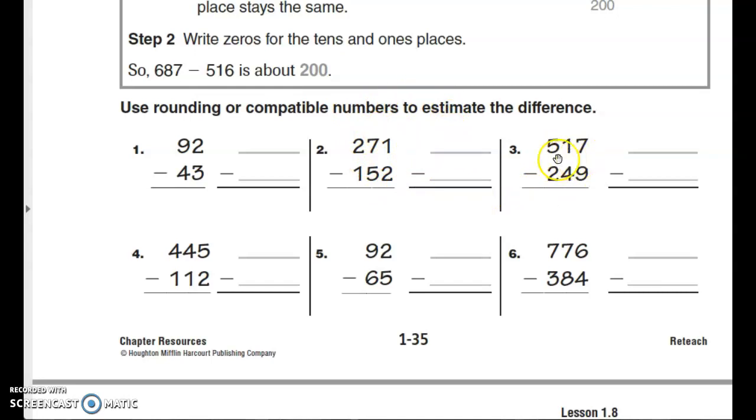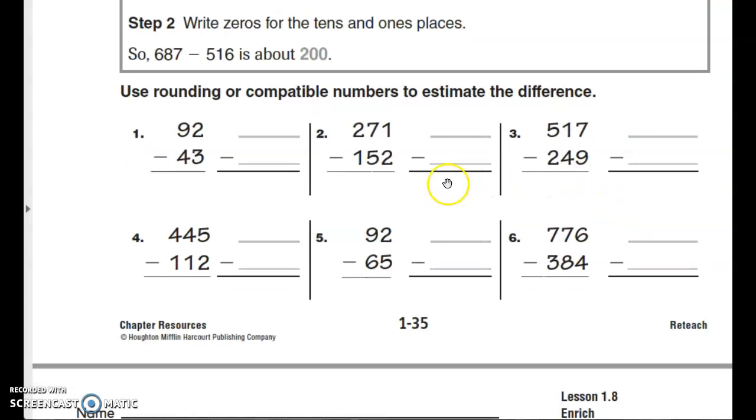We could round to the nearest 100, so it would be 500 minus 200. We could round to the nearest 10, so it would be 520 minus 250. Or we could use compatible numbers, 500 minus 250. So do you see how each one we can get a different answer?